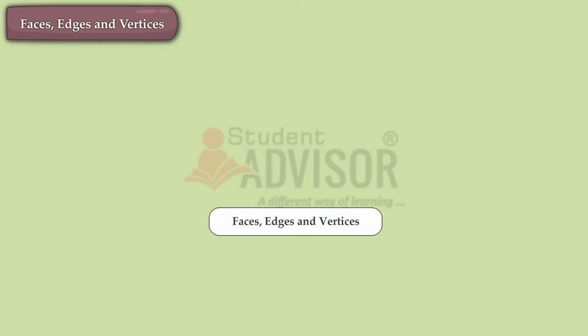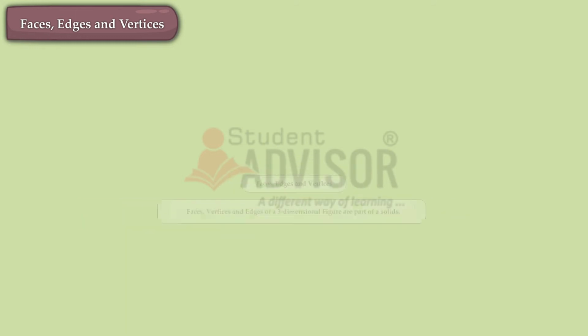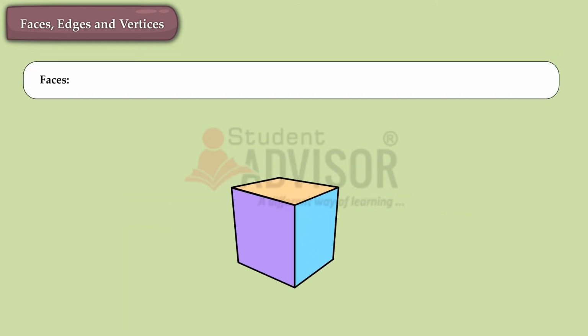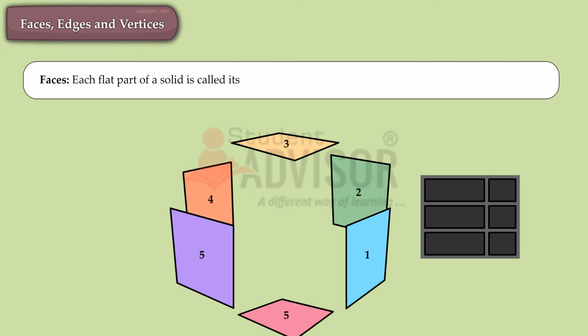Faces, edges, and vertices. Faces, vertices, and edges of a three-dimensional figure are parts of a solid. Faces. Each flat part of a solid is called its face.